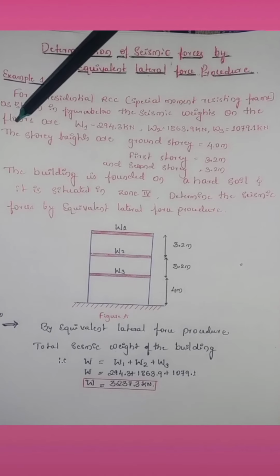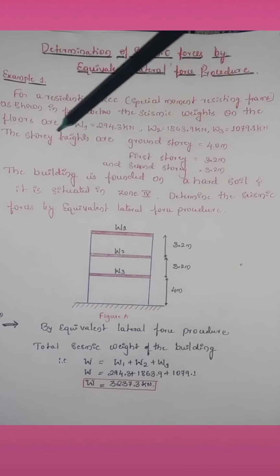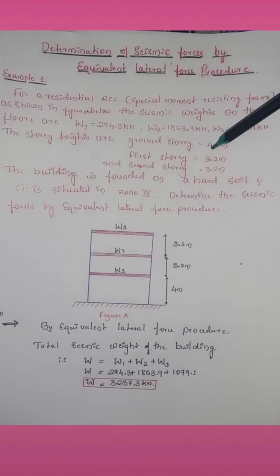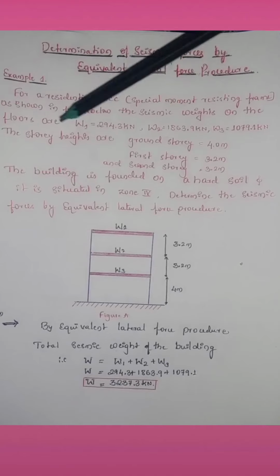The story heights are also given: the ground story height is 4 meter, the first story height is 3.2 meter, and the second story height is 3.2 meter again.